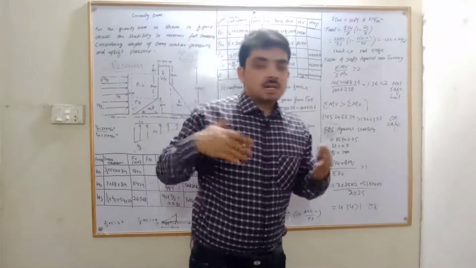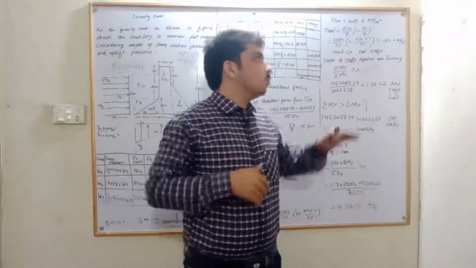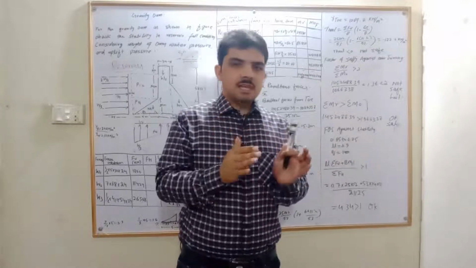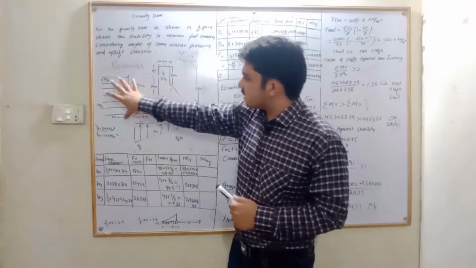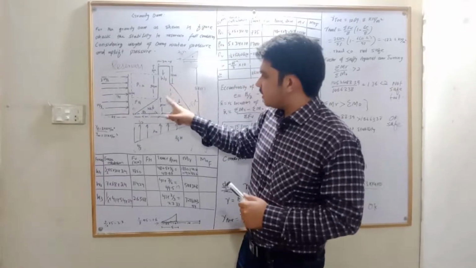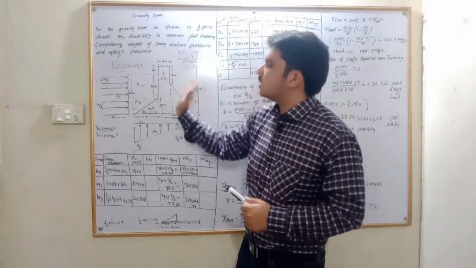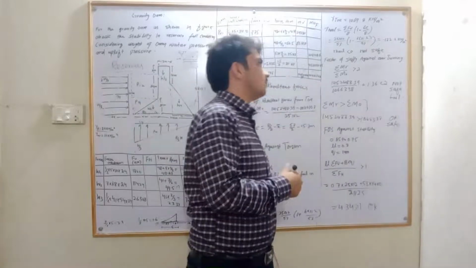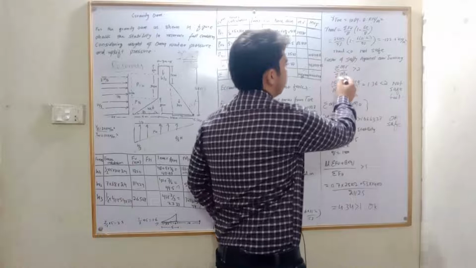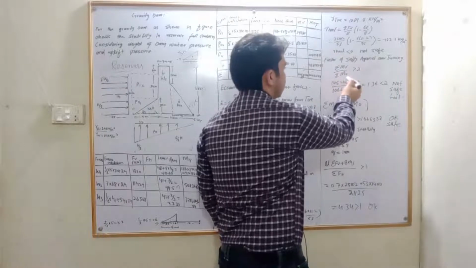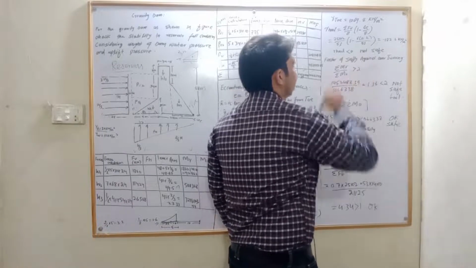Now we are coming toward the overturning factor of safety. Okay, what is overturning? Because when this load is applied to the dam, the dam will overturn. So we will check the stability in that condition. We have the formula summation of Mr divided by summation of M naught, which should be greater than 2.